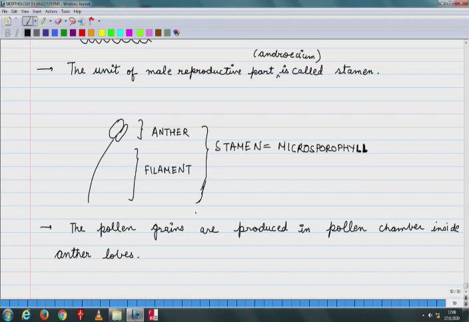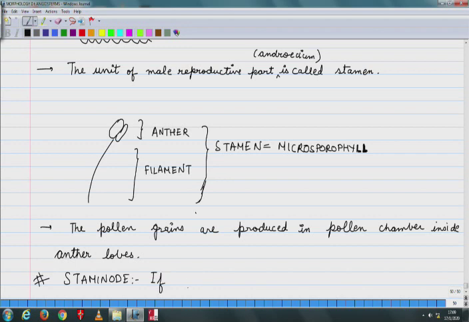Continuing, if the stamen is fertile, then it's okay. But then there is another term, a 1-mark question: what is staminode? If sometimes pollen grains are not produced and the stamen is sterile, it is called staminode.